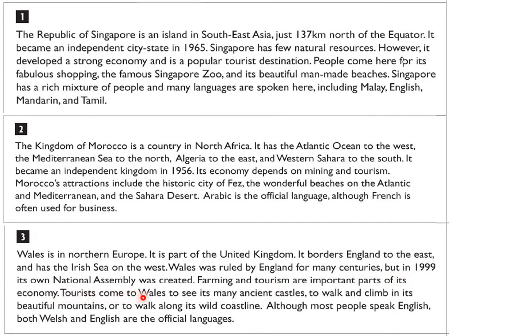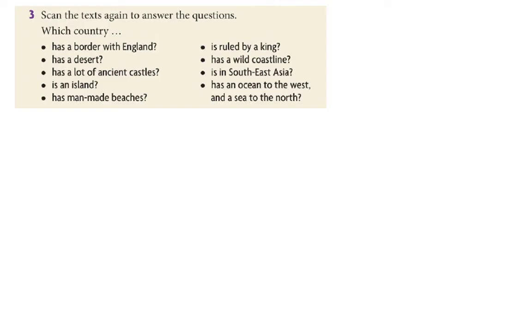Tourists come to Wales to see its many ancient castles, to walk and climb in its beautiful mountains, or to walk along its wild coastline. Although most people speak English, both Welsh and English are the official languages. Now we can answer this question. Let us start with the first question.